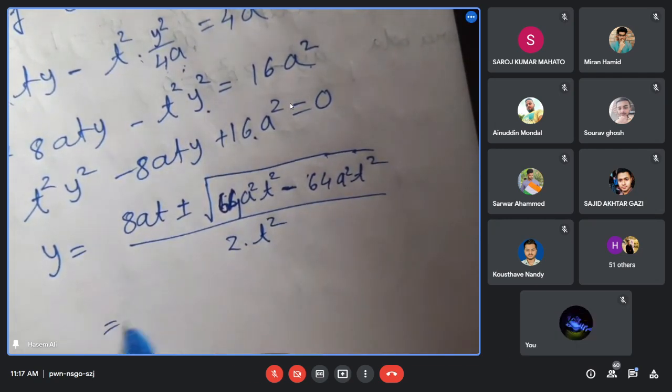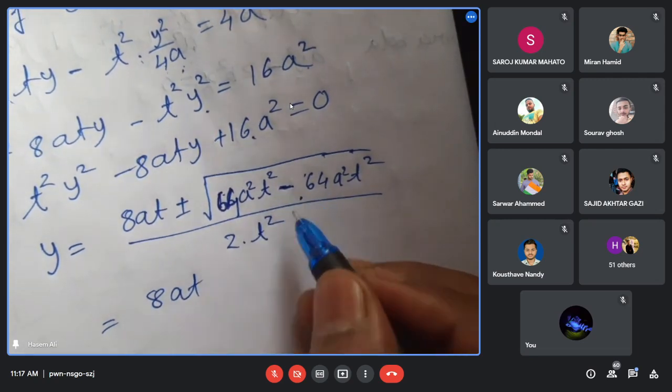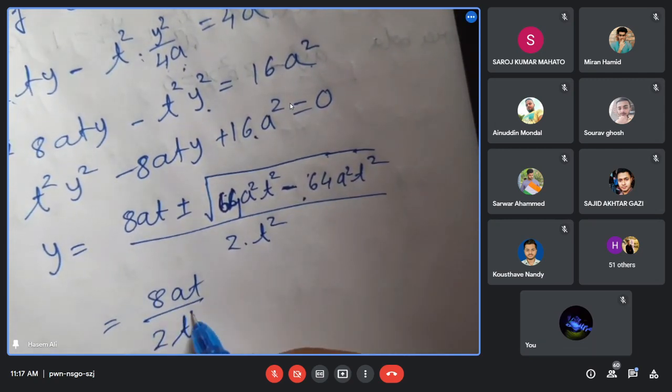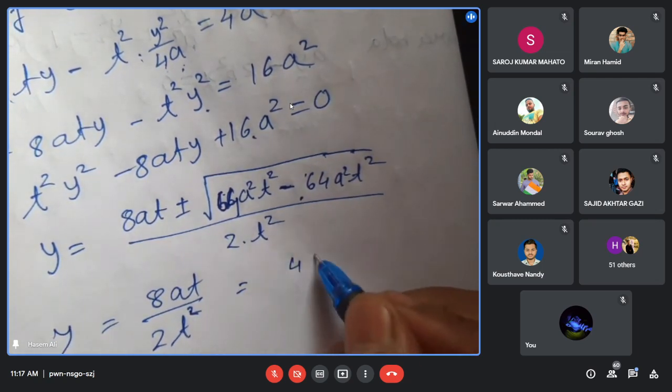That means 8at, and this is 0, divided by 2t square. So this is 4a by t.